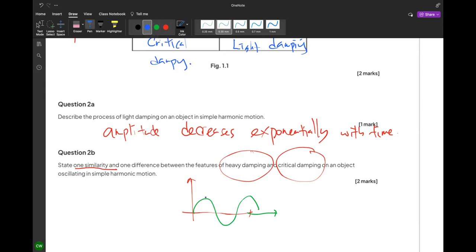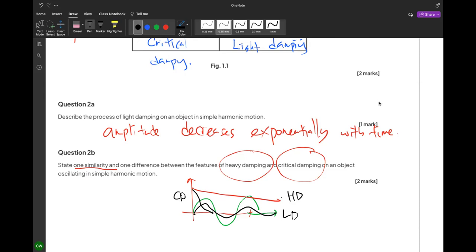If it's a critical damp, you return to the equilibrium position in the shortest time. If it's heavily damped, that means the temper is lost already. It will go this way. If it's like this, we call it light damping. If like this, it's critical damp. If like this, it is heavily damped.